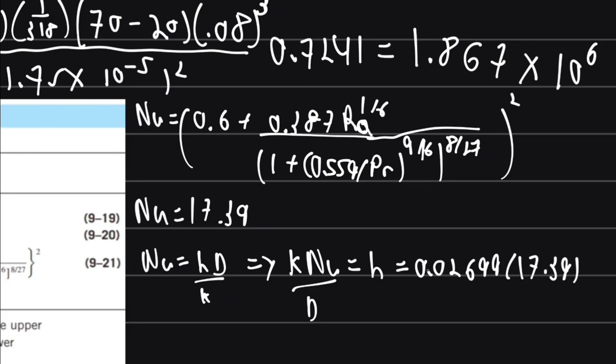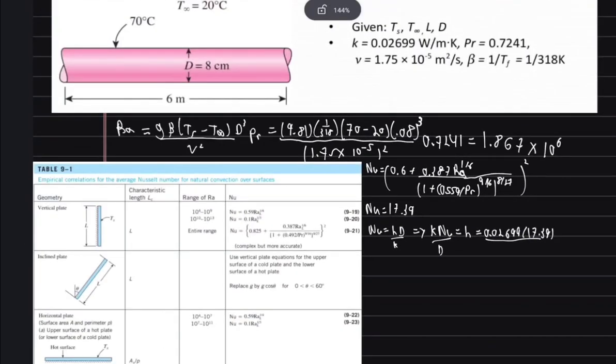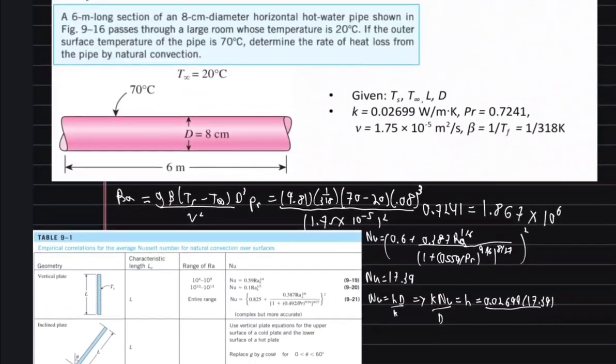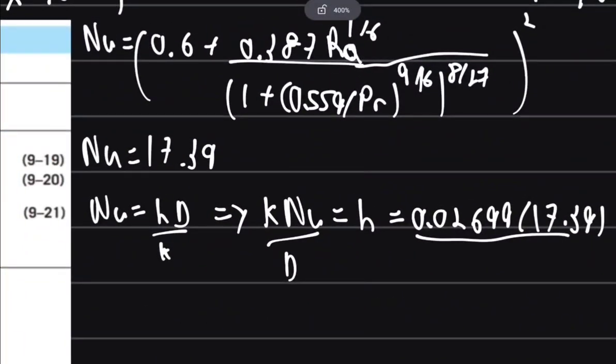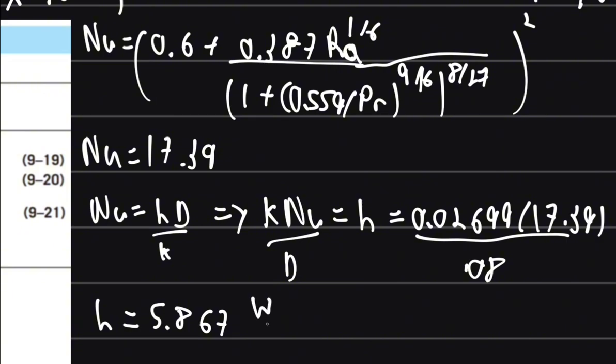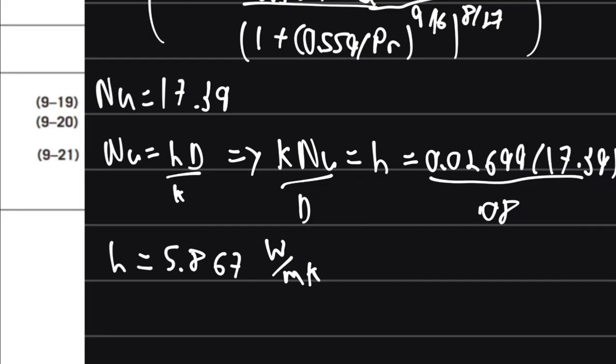We calculated that one. Divide that by d. D was 8 centimeters, so 0.08. We type it into our calculator and get h, 5.867 watts per meter Kelvin. Perfect.